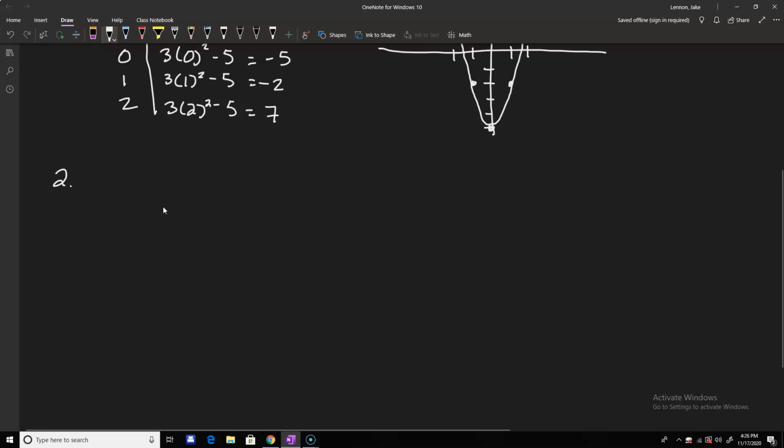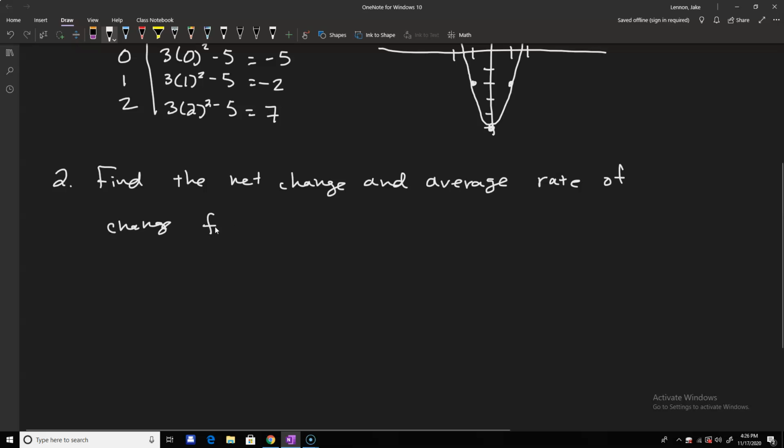For number 2, let's say we want to find the net change and average rate of change for f of x equals 6 minus x squared on x equals 1 to x equals 3.